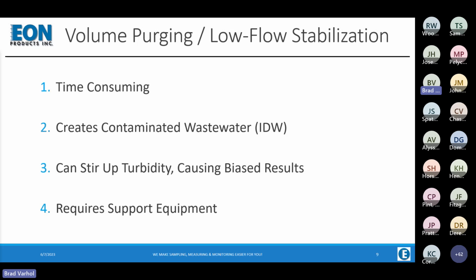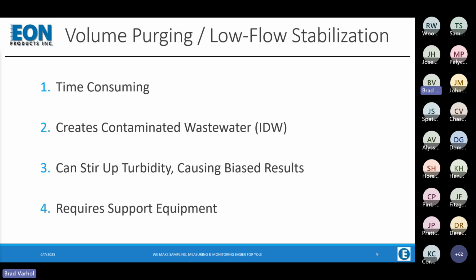Volume purging can also stir up turbidity, and that's because we are accelerating the velocity of the water coming into the well beyond what its natural flow rate is. We're mechanically changing the velocity and oftentimes the direction of flow. And when we have turbidity in groundwater, we know from laboratory results, we can have bias.